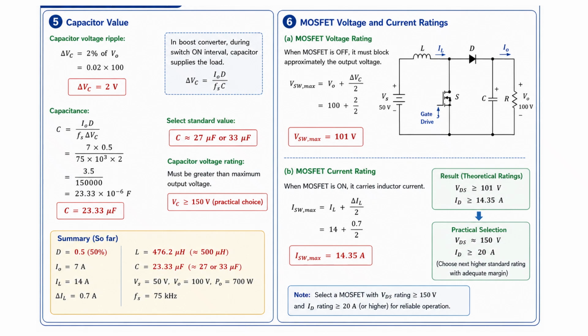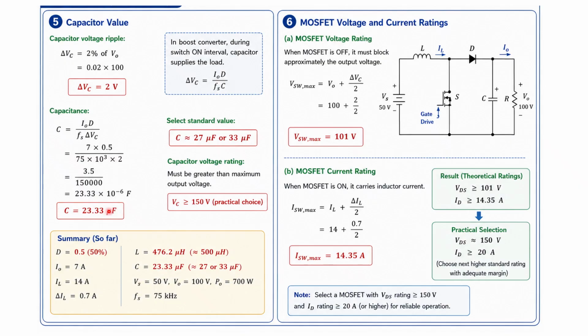I naught is given, I naught is 7 ampere. Duty ratio D is 0.5. Fs is 75 kilohertz and delta Vc is 2 volt. So on solving this numerical, we will get the capacitance value as 23.33 microfarad.